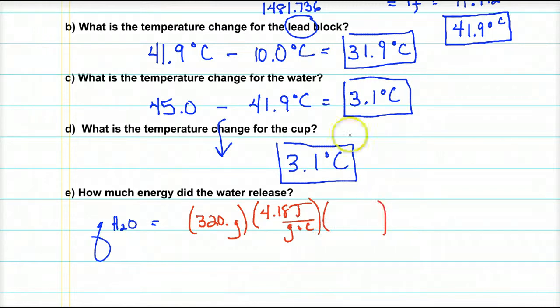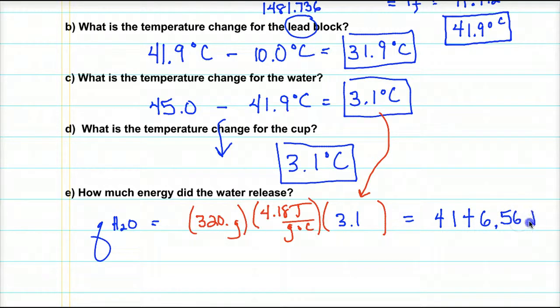And the temperature change of the water is 3.1. Okay, we wouldn't put the final temperature in the temperature change, and we come up with our values, which I get a raw number of 4146.56. Of course, that's going to be joules because everything cancels, as we've talked about. Oops, got my unit there.